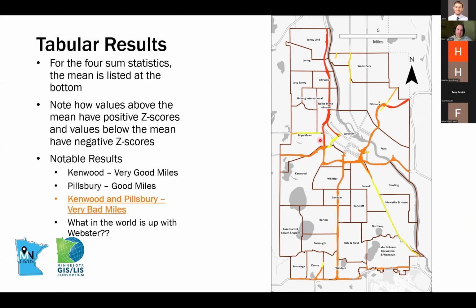We see parts of Interstate 94 curving around here, and even a little bit of Interstate 35W here. Lots of those high-speed roads cutting across the Kenwood attendance zone. Same thing with Pillsbury. Lots of orange and red roads, Interstate 35W, as it has a 50, 55, and then a 60 mile an hour speed limit here. So our method really does seem to have added up the things we wanted to add up.